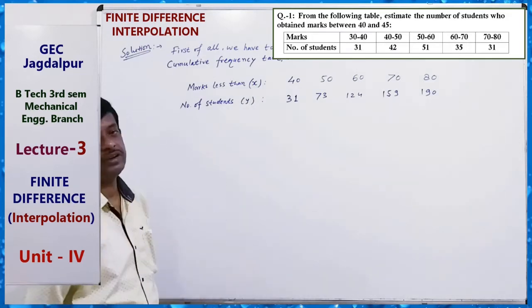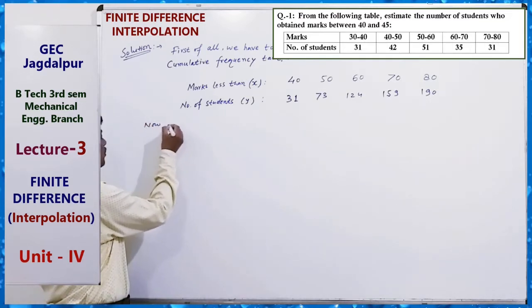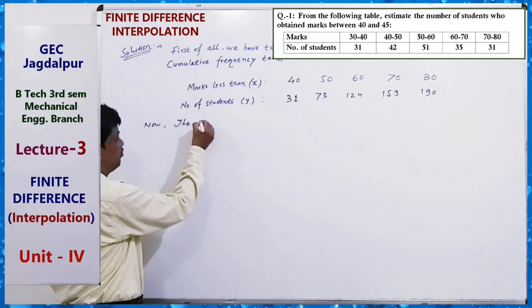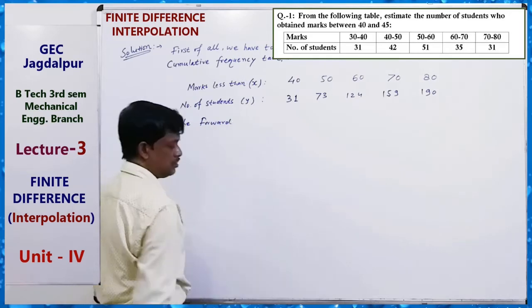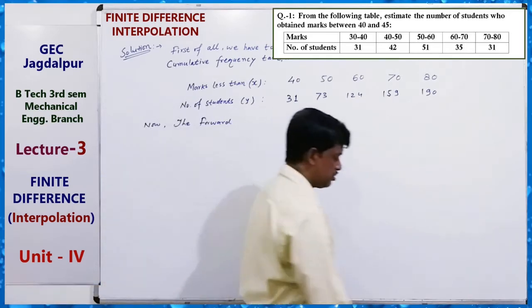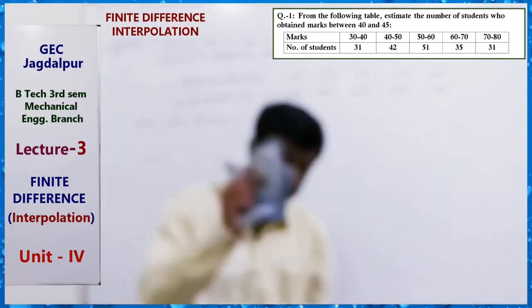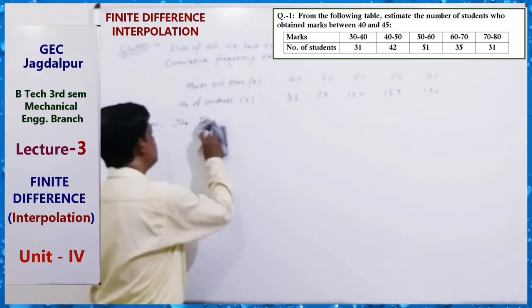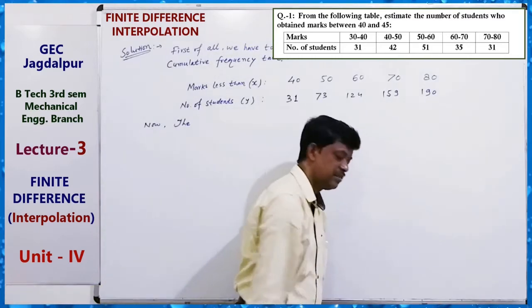So we have to prepare the table now. Forward, backward and central differences: the table preparation is the same.